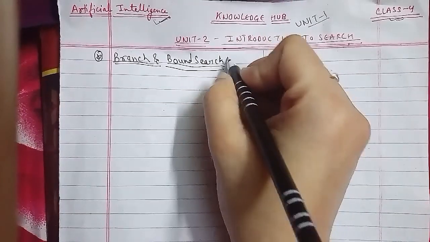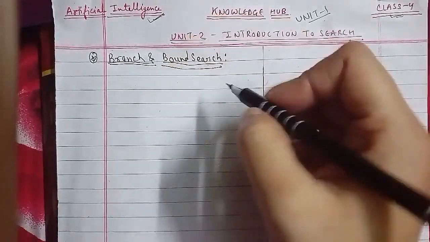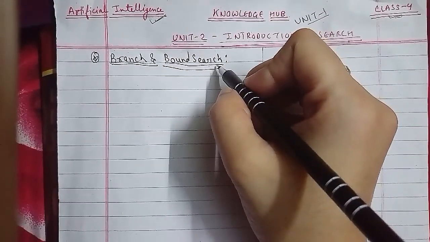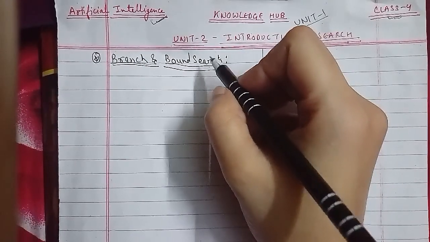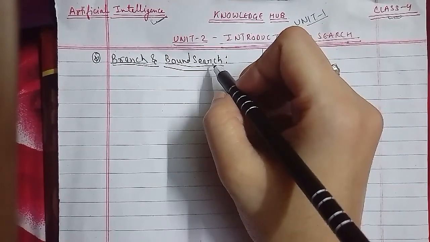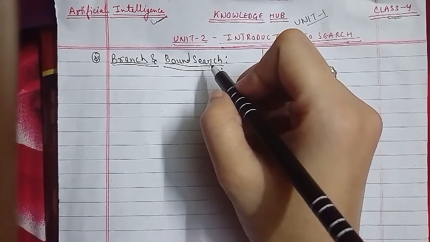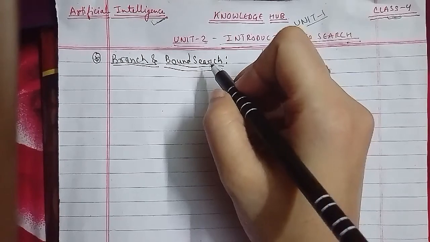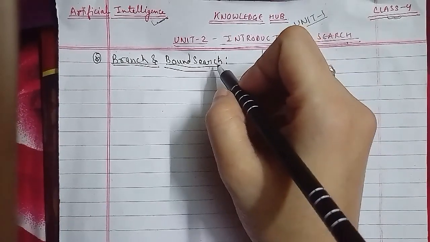Let's go ahead with branch and bound here. The branch and bound search strategy applies to problems having a graph search space where more than one alternative path may exist between two nodes. This strategy saves all path lengths or costs from the node to all generated nodes and chooses the shortest path for further expansion.